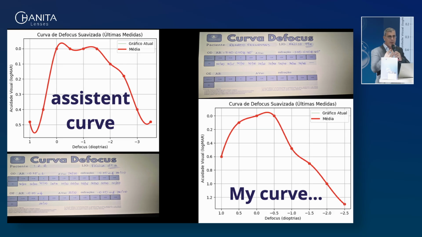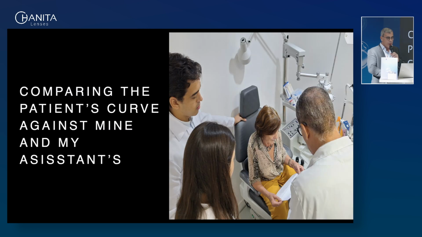So she has a graphic and hard data to compare, and sees that she has no reason to be unhappy with the result. When I give an unhappy patient the opportunity to compare the curves, she will be happy with me.